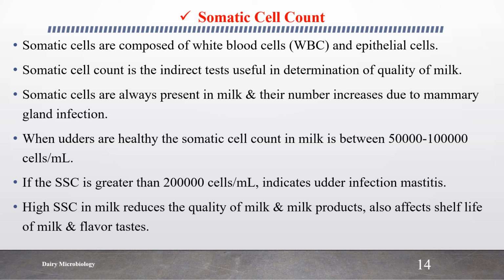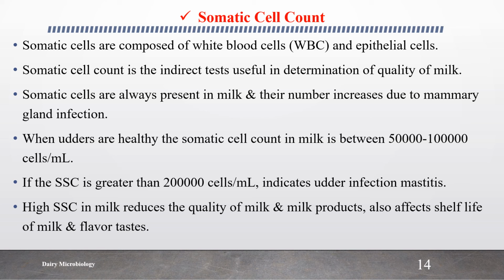The presence of mastitis can also be detected by detecting the number of somatic cells present in milk sample. Somatic cells are the cells which consist of white blood cells and epithelial cells.